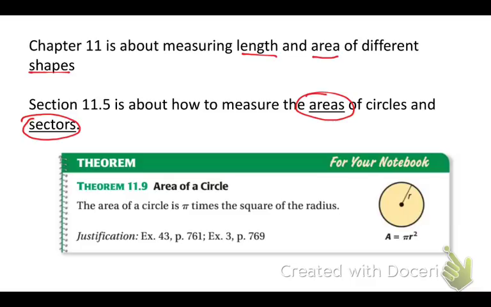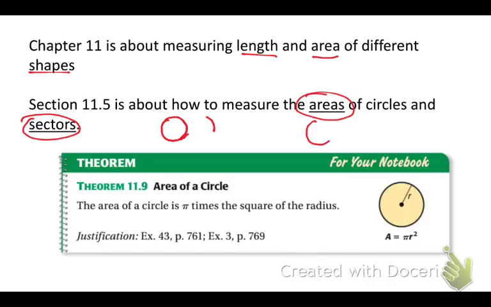So remember in the previous chapter we talked about the circumference of circles, the length of a line drawn around that circle. And then we talked about the arc length, so the measure of the length of a piece of that circumference. Okay, so now we're going to talk about the areas of circles.